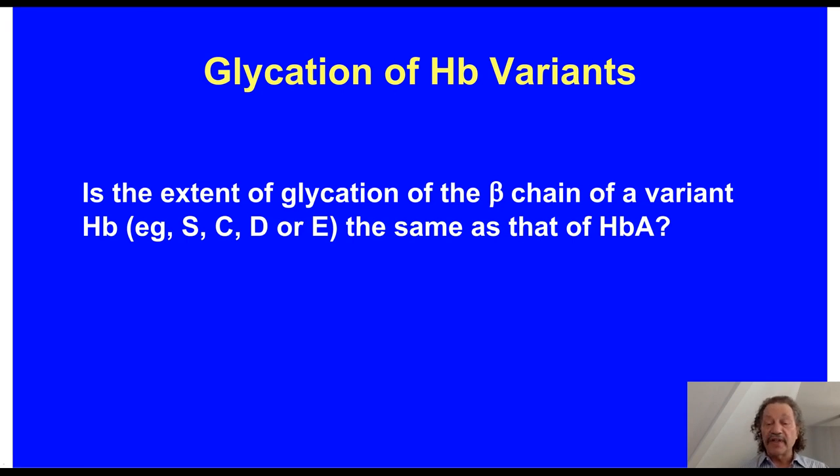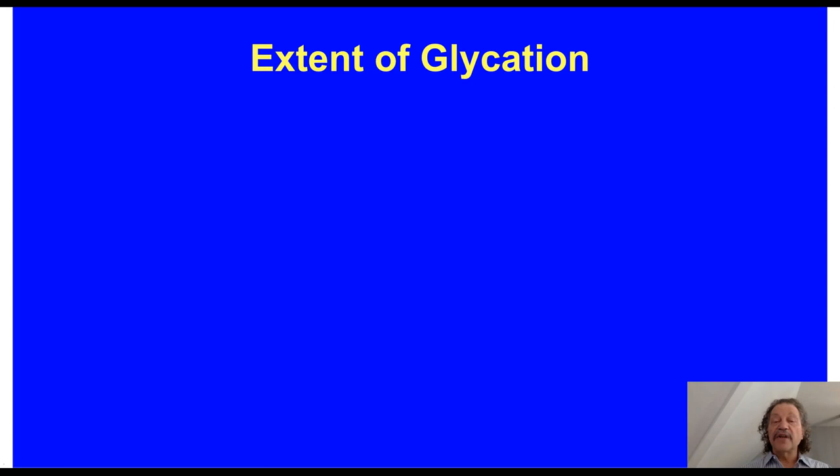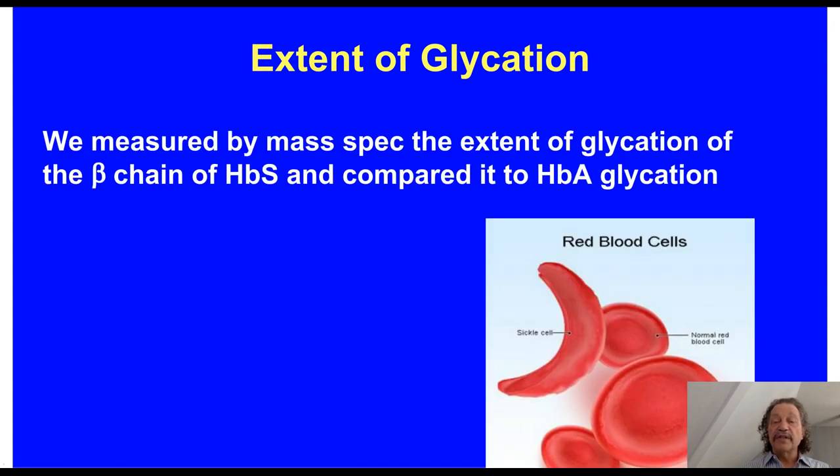Now, this is obviously an important question. And so, to answer this, we performed a study where we measured by mass spectrometry the extent of glycation of the beta chain of hemoglobin S and compared it to glycation of hemoglobin A.